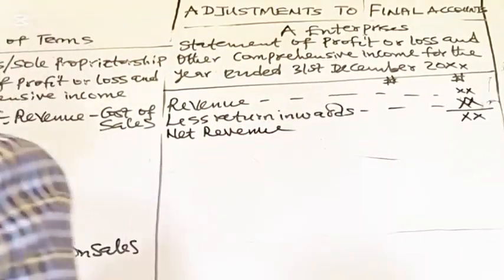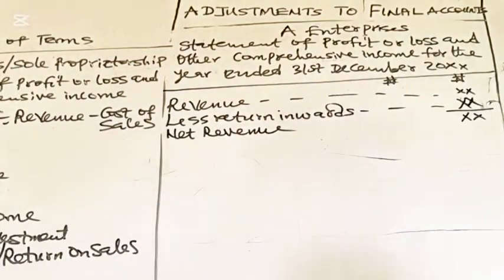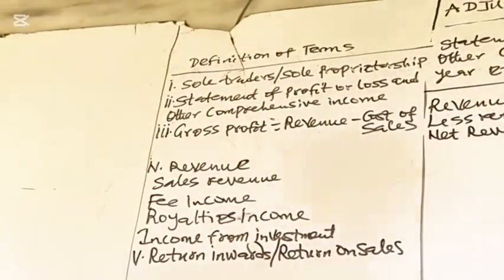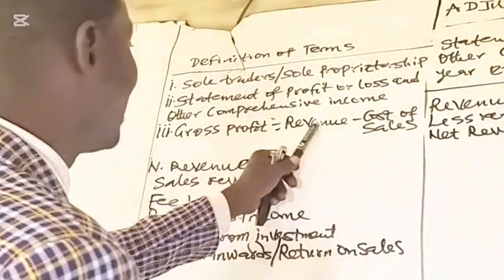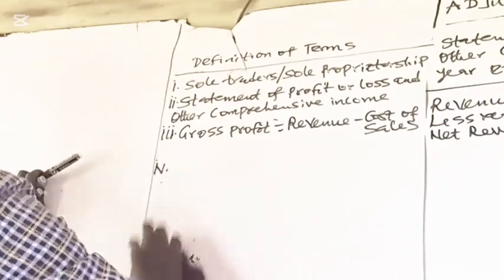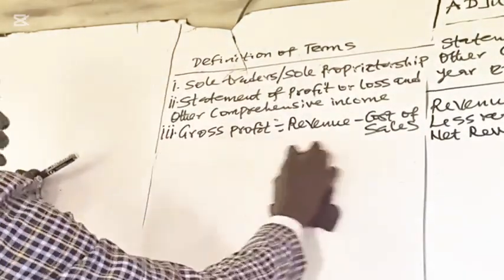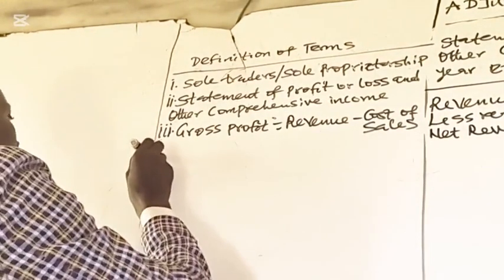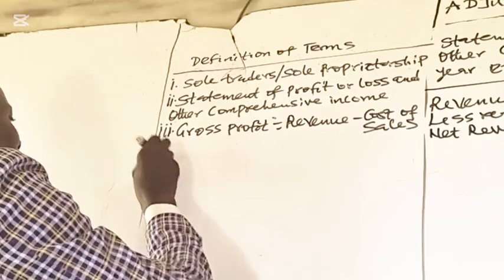Now, after your revenue, remember, I've told you the first profit you are certain is the gross profit. And I've told you that the gross profit is revenue less cost of sales. So when you subtract cost of sales from revenue, you get the gross profit. So what do we mean by cost of sales?